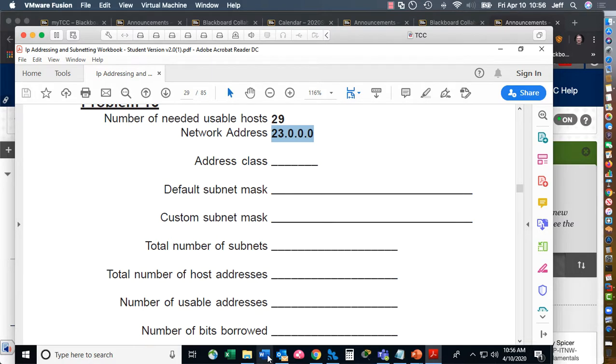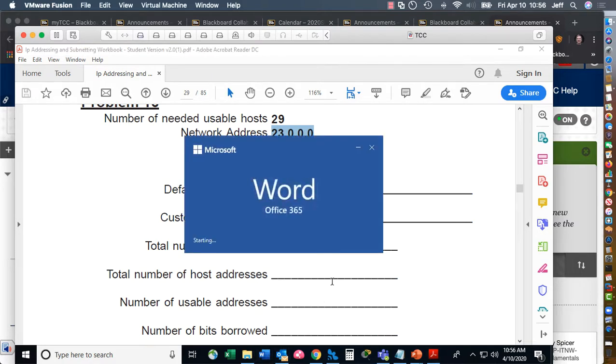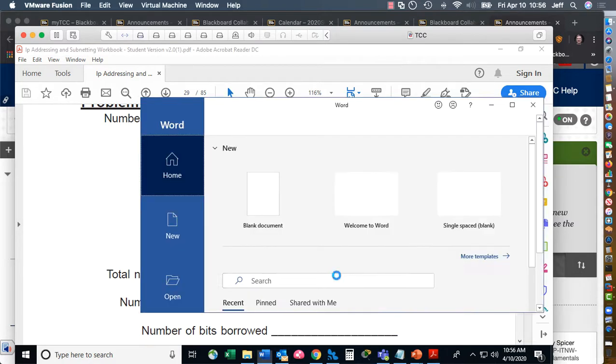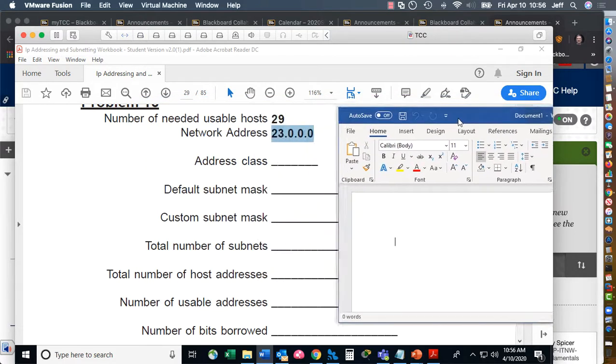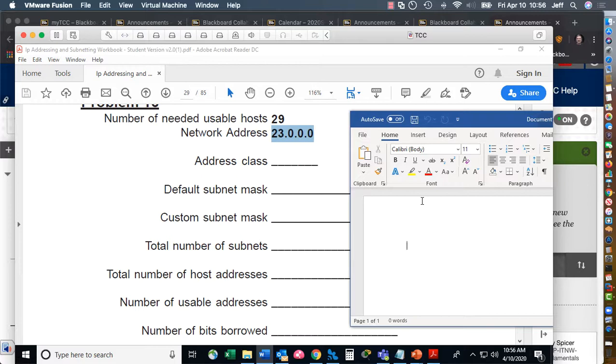All right, so since I don't have a PDF editor software, I'm just going to type this as problem 16.